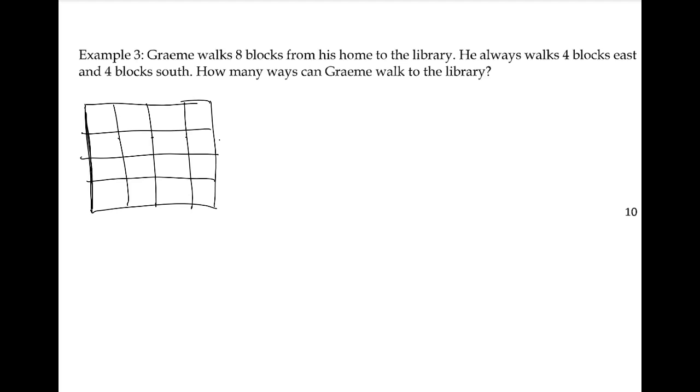Well, we could go this way all the way, and we could go this way all the way. So in total, we have to make 8 decisions. But we've got some repeating options. So we've got 4 factorial for going south, and 4 factorial for going east.